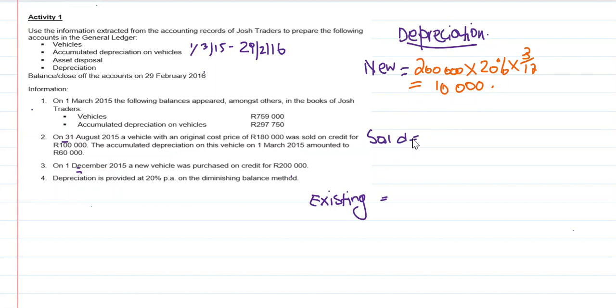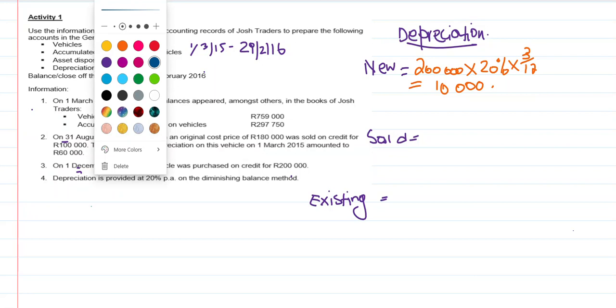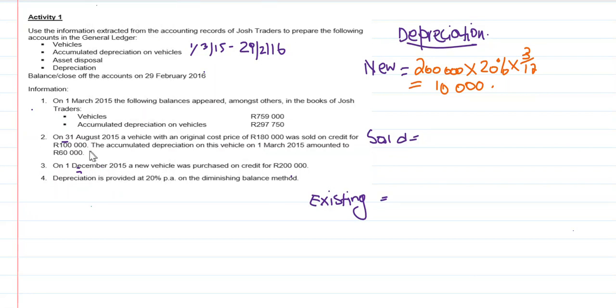Number 2, the sold vehicle. We sold the vehicle on the 31st of August. We take the cost price of 180,000 rand, then minus 60,000 rand, which gives us 120,000 rand.